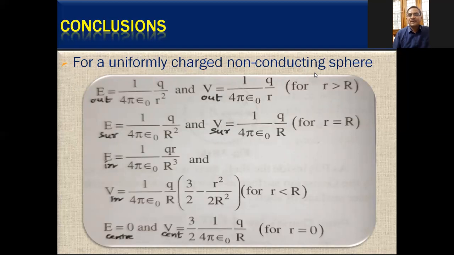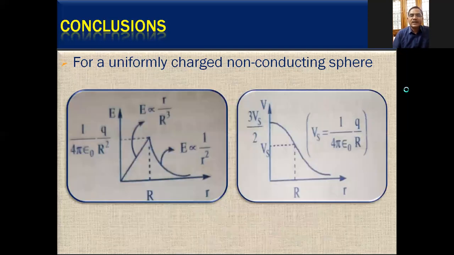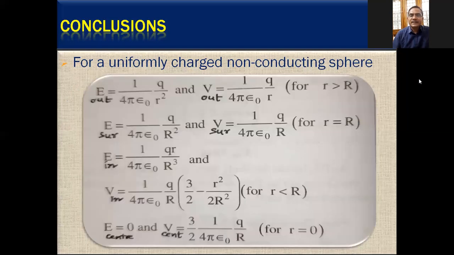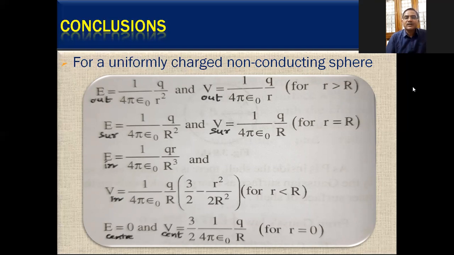After that, we discussed the uniformly charged non-conducting sphere. Here also we have seen three cases. We considered the point outside the sphere, inside the sphere, and on the surface. The expressions we got: the field strength outside is 1 by 4 pi epsilon naught Q by small r square.